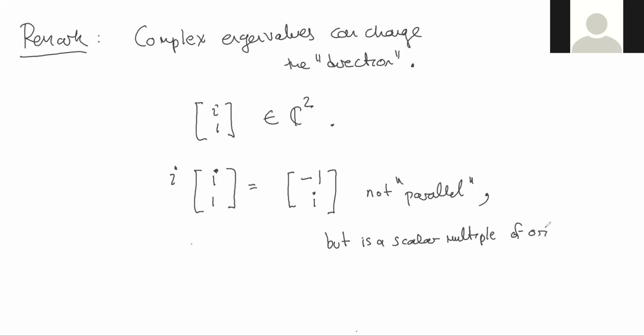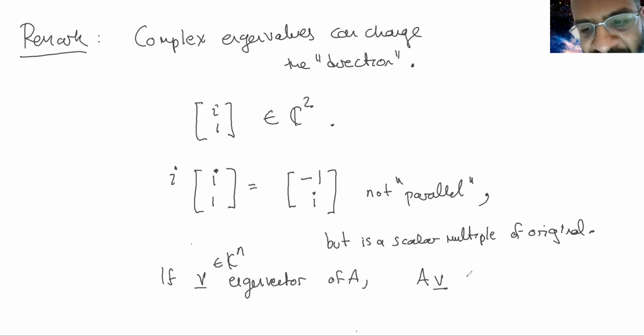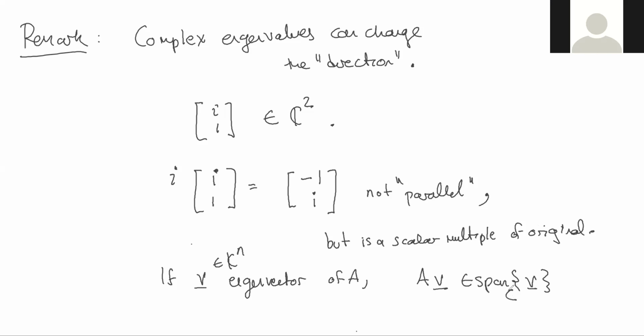So the following is still true: if v is a complex eigenvector of A, it is true that Av is still in the span of v, and you're allowed to multiply by complex numbers. In this sense, it doesn't change the direction, but this is a different sense.